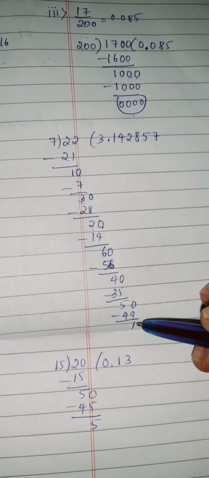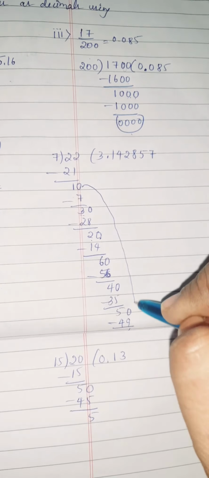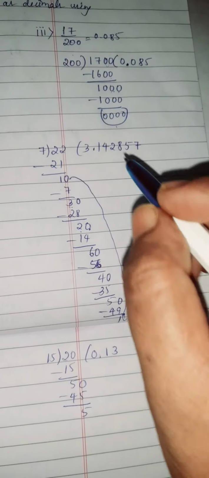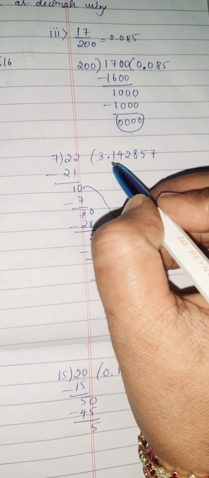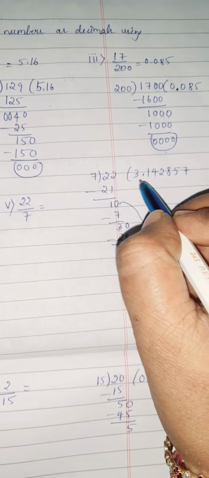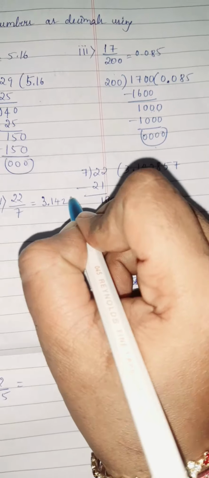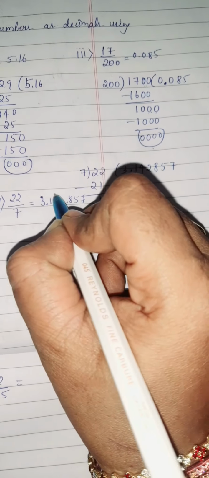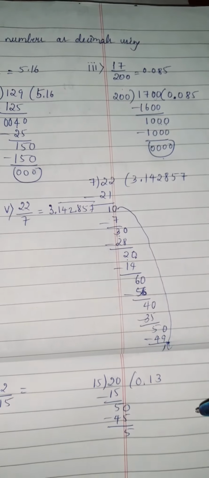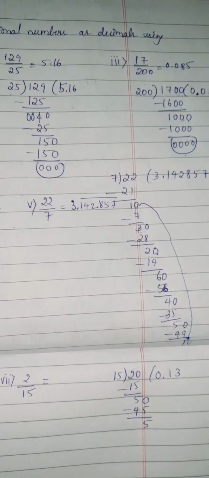Children, here you can observe we have got the same remainder 1 again. So we have to stop here, and the answer for 22 by 7 is 3.142857 bar. So all these numbers are recurring. So this is a non-terminating decimal.